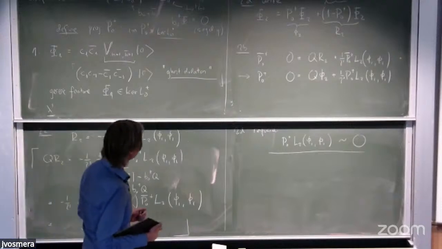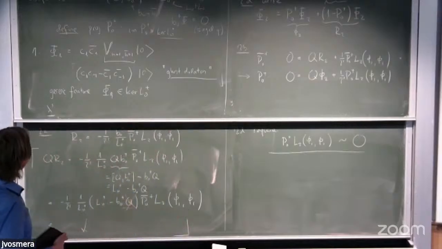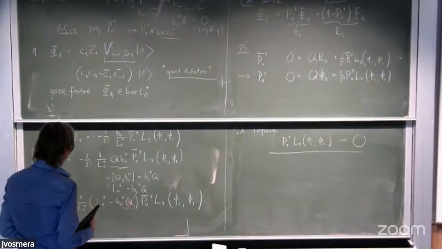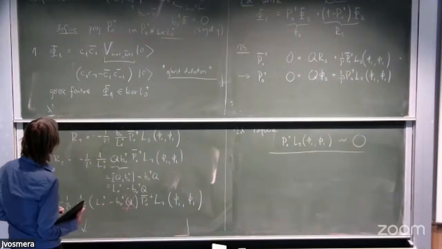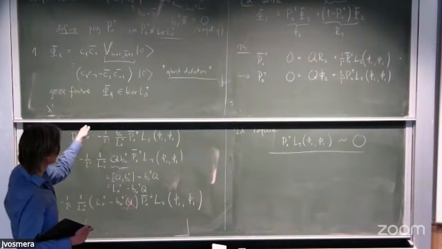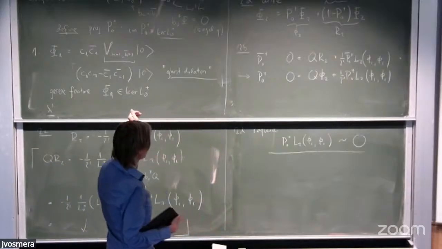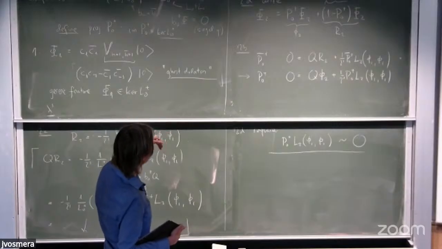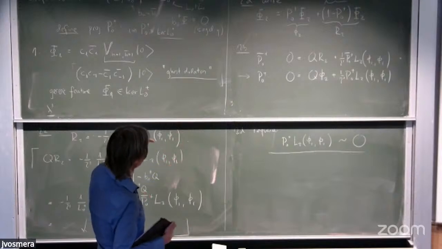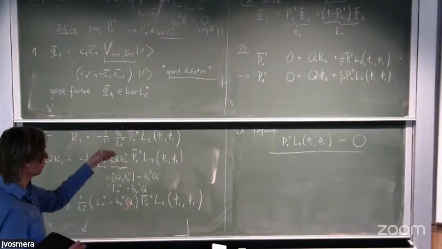There would be an alternative way of organizing this computation. Instead of going order by order like that, one could from the start divide the string field capital Phi, without a priori writing this perturbative expansion in lambda, into a component which is inside the kernel of L0, that would be little phi, and a component which is outside of the kernel of L0, that would be capital R, but somehow containing all orders in lambda.